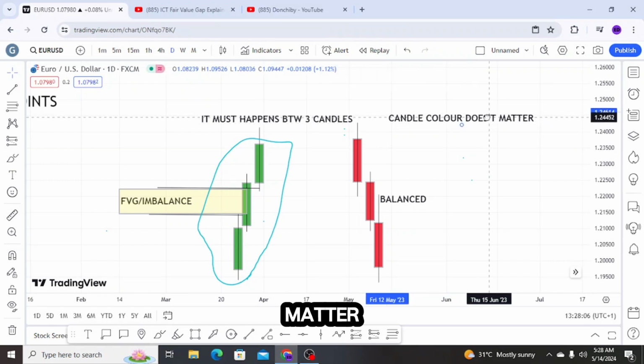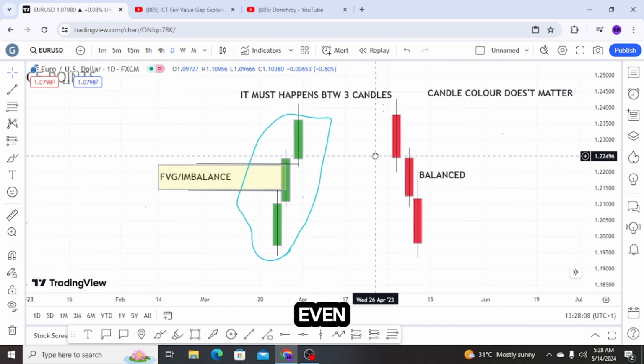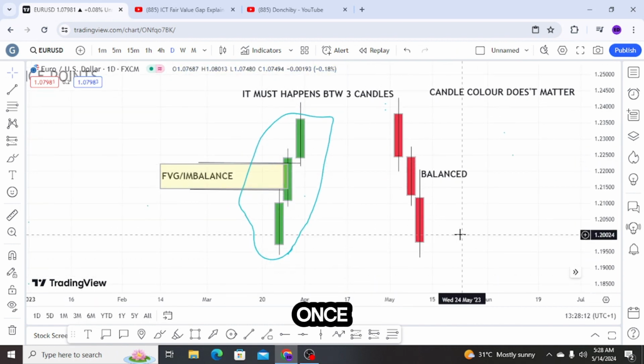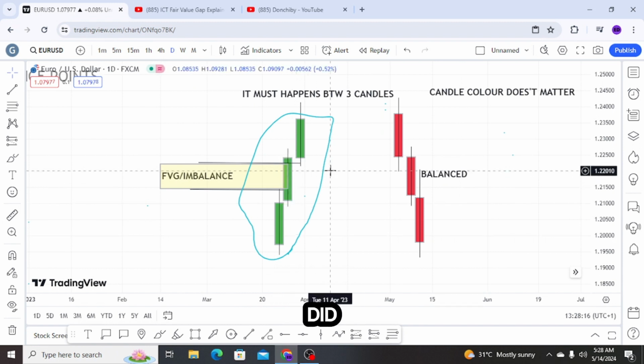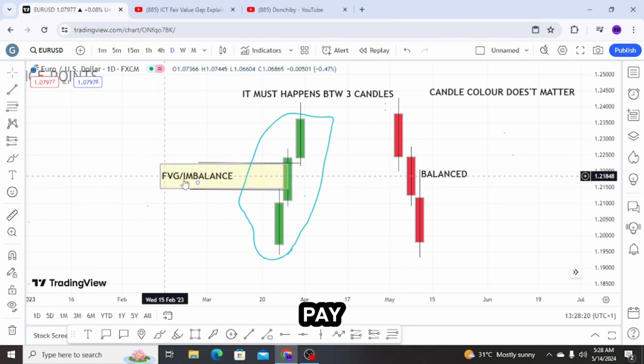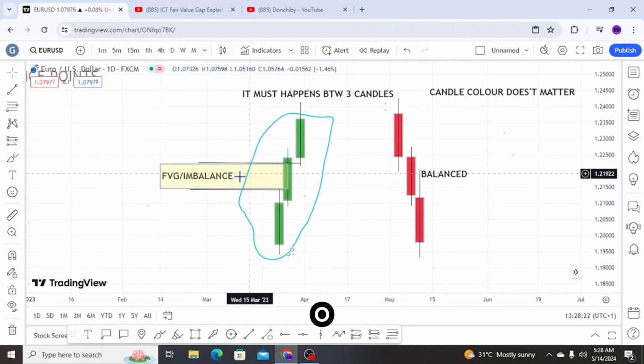No, it doesn't matter in this scenario. Even if it is red, green, whatever, once it is a three candle price action and they did not balance, the gap between them is what we call a fair value gap, FVG, or imbalance.